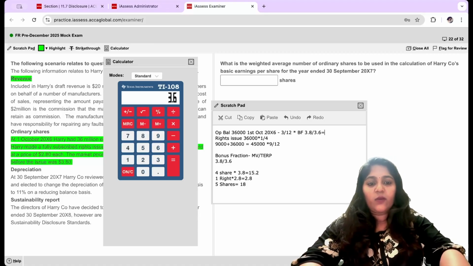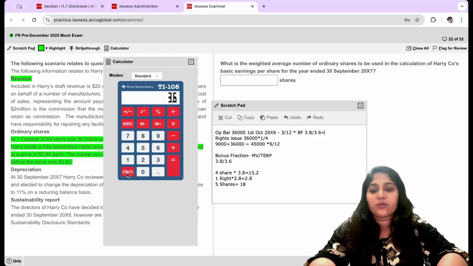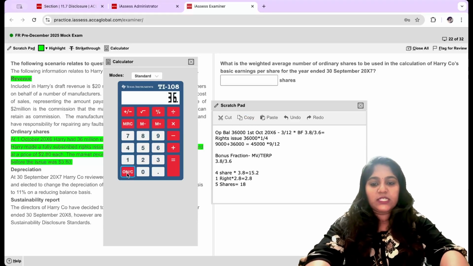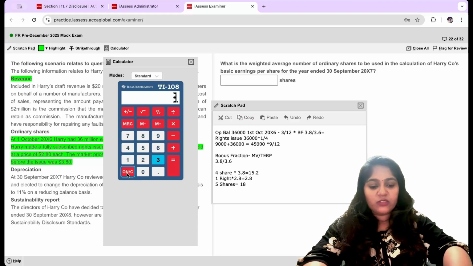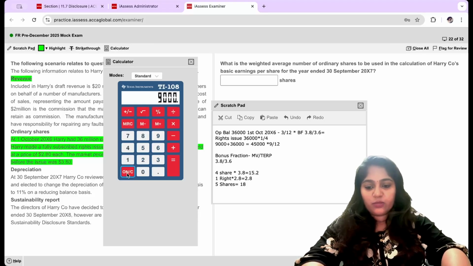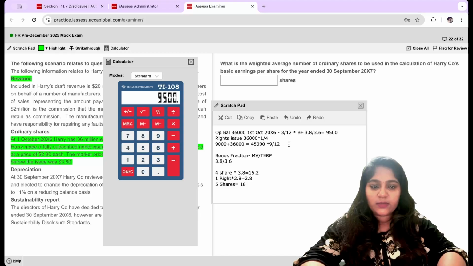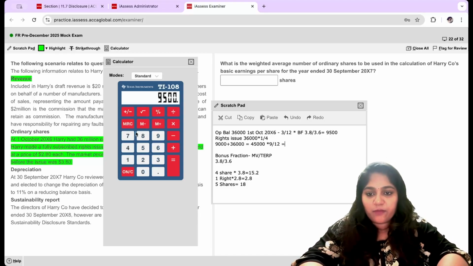When I do this, now I can calculate the total weighted average number of shares. 36 million multiplied by 3/12 multiplied by the bonus fraction of 3.8 divided by 3.6. That should give a value of 9.5 million first. And here it is quite simple. There will be 45 million into 9/12.